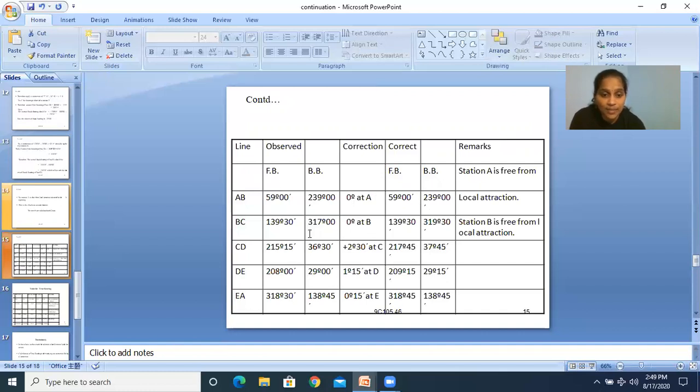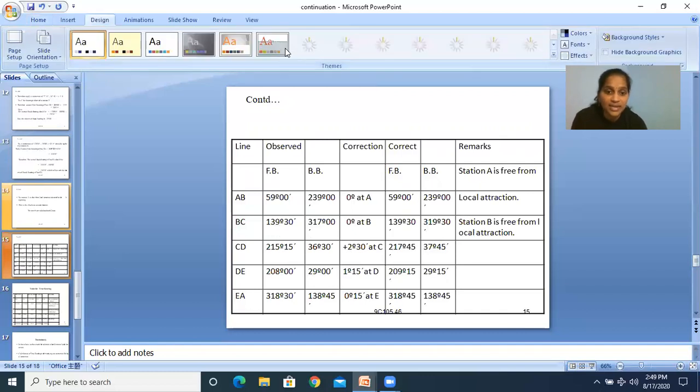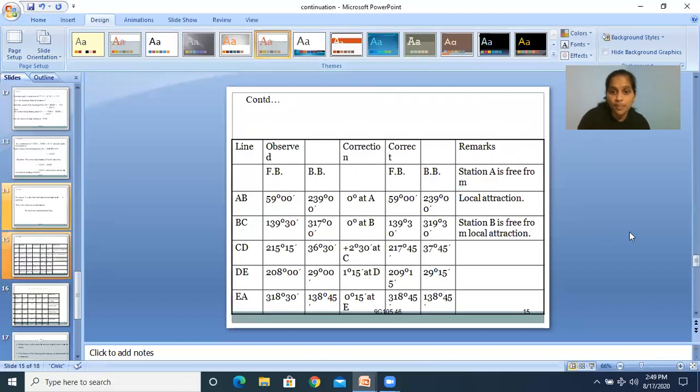And then for BC line, the forebearing is 139 degrees 30 minutes, that is correct, and the back bearing is 317 degrees 00 minutes, 0 at B.